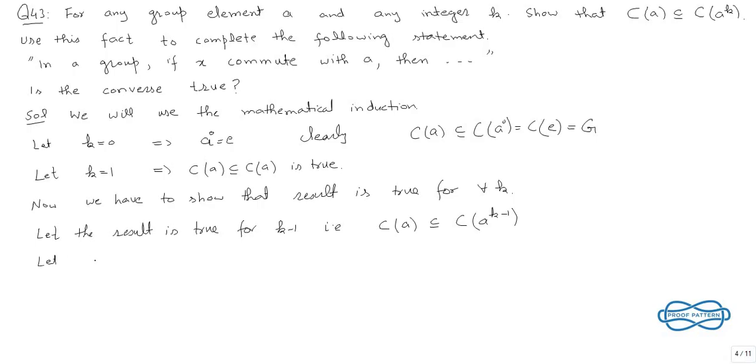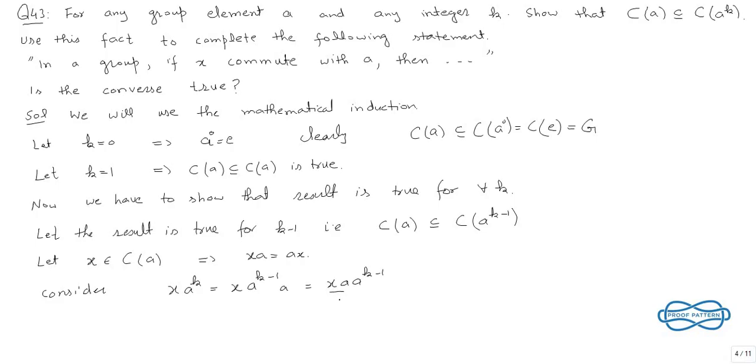Let x belong to the centralizer of a. This means x commutes with a: xa is equal to ax. Now consider x times a to the power k, which can be written as x a to the power k minus 1 times a, or x a to the power k minus 1.